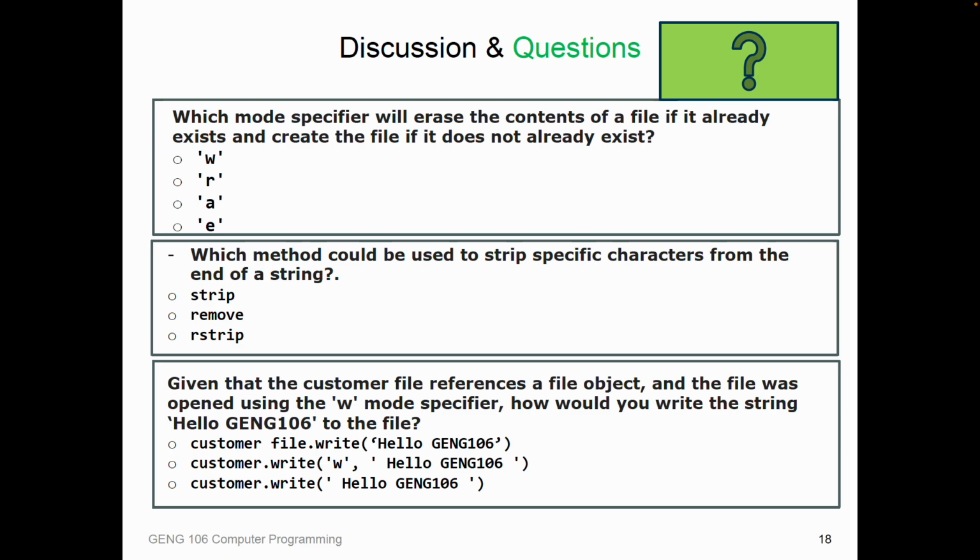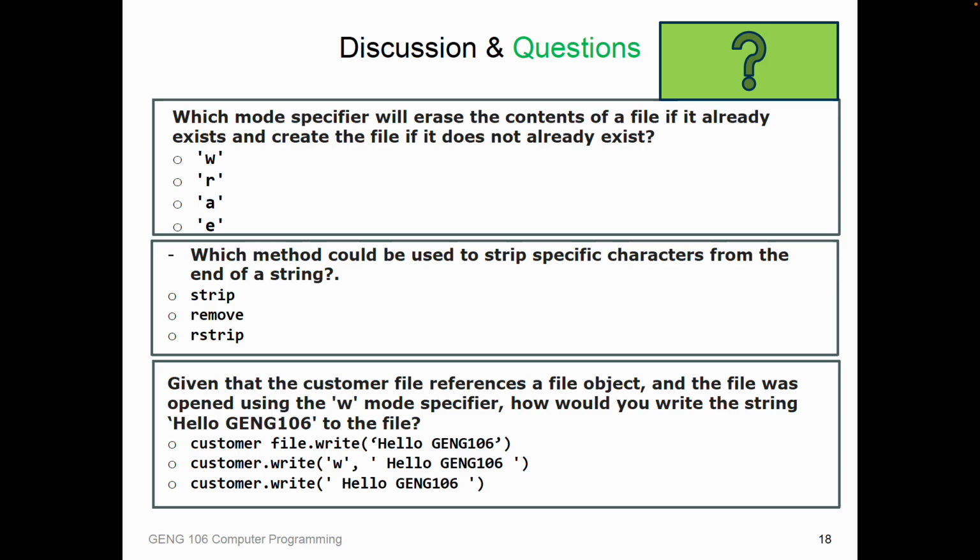Given that the customer file references a file object, and the file was opened using the W mode specifier, how would you write the string hello GENG 106 to the file? The first one has a blank line.